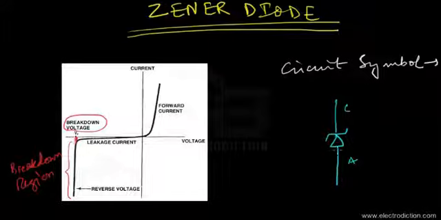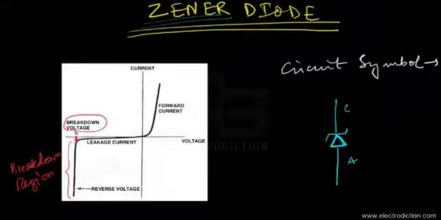So the Zener diode is not all that different from a simple PN junction diode. It has a cathode and anode as well, but its cathode is modified with a Z type of shape, since its name begins with Zener. This is done to show that it's a Zener diode. So that's the circuit symbol.